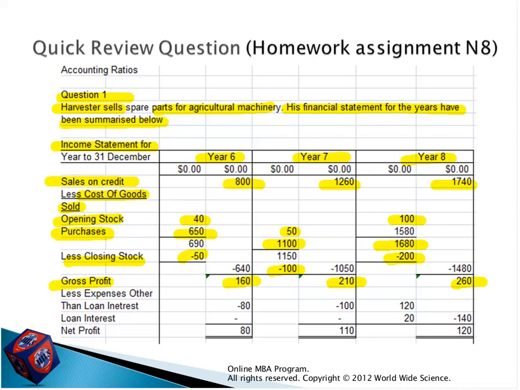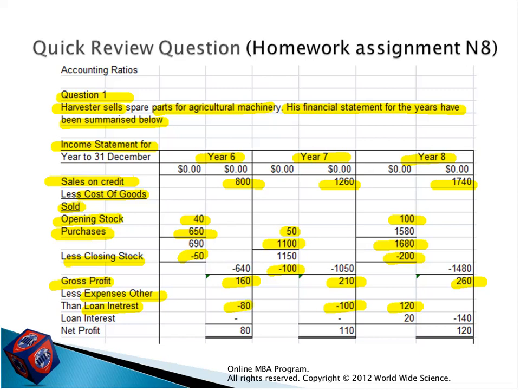Then we have the other kinds of expenses like loan interest. Loan, this is credit, right? So that's how we pay expenses for interest. Year 6 is a negative 80, because the negative is deducted, year 7 is 100, and year 8 is 120.